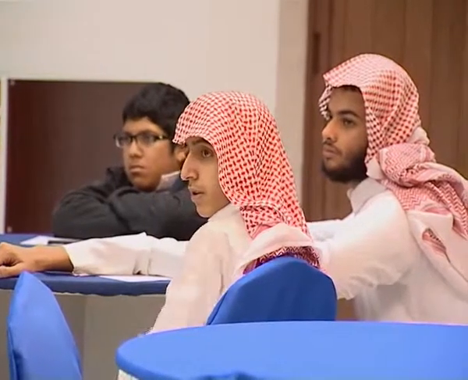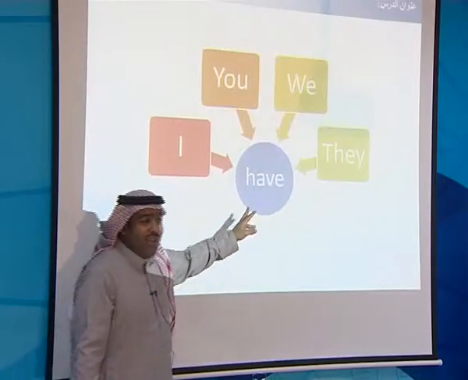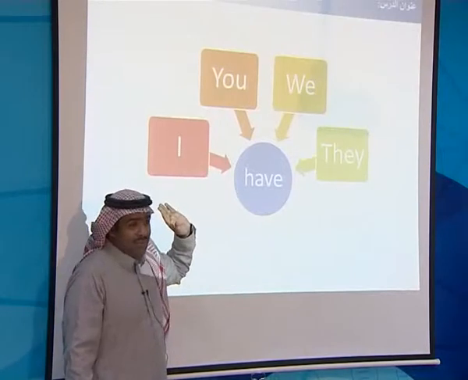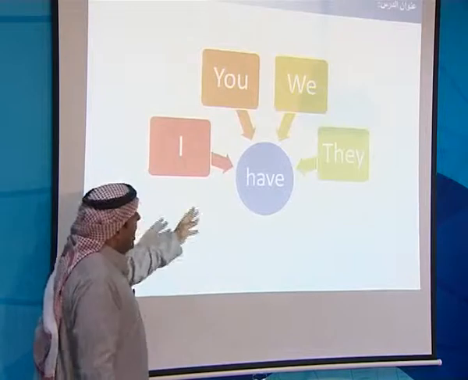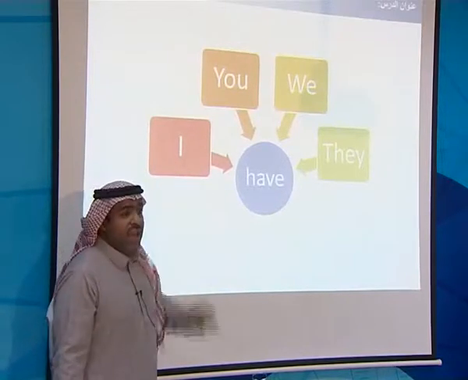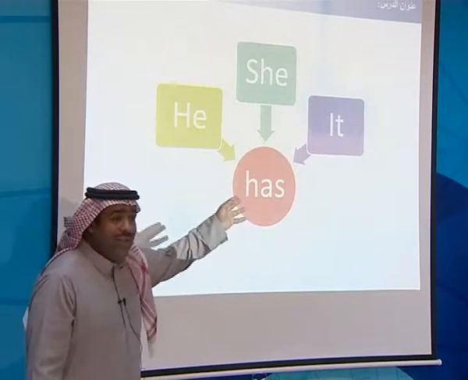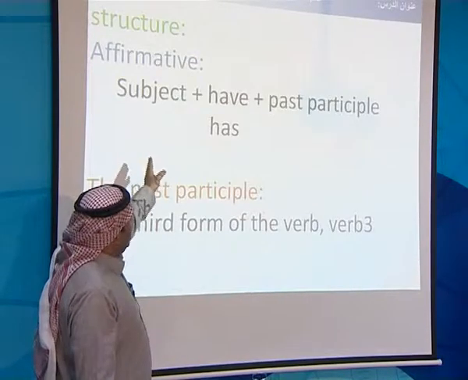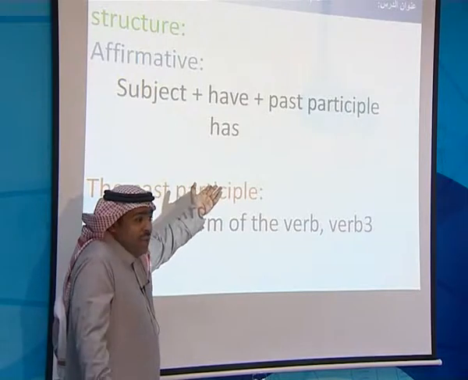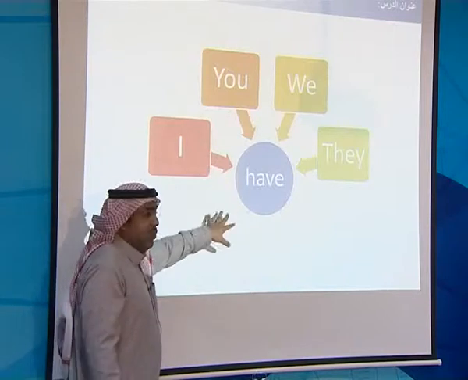If the subject is I, or you, or we, or they, we will take have. You have to know this. I cannot say I has. No. I have, you have, we have, they have. And if the subject, he or she or it, we will take has. Good. So again, subject, have or has. How can I choose? If the subject, I or you or we or they, we take have.